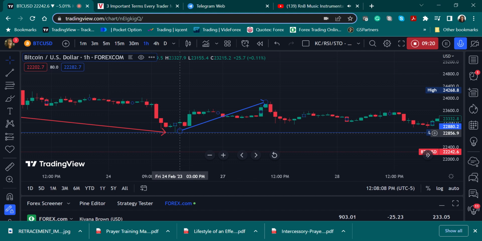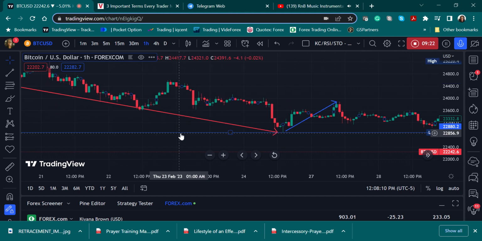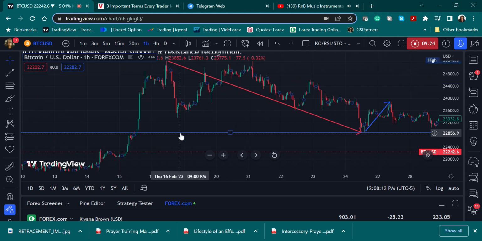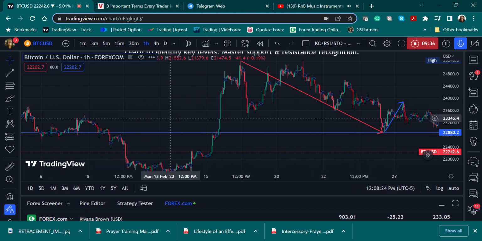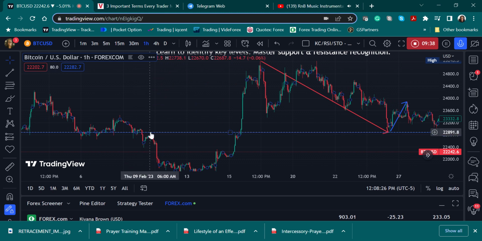Now, we also want to condense our screen and see where price has touched this line again. As we can see, price has touched here and has broken through. So that will be one, two, and then in this area again, three, and multiple more times.